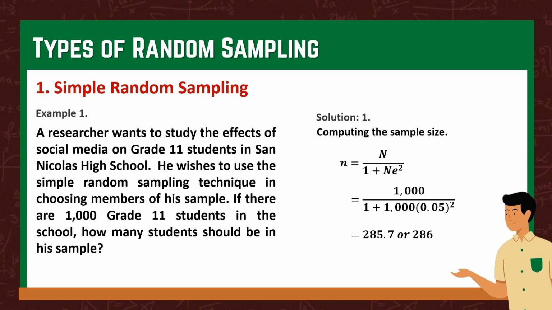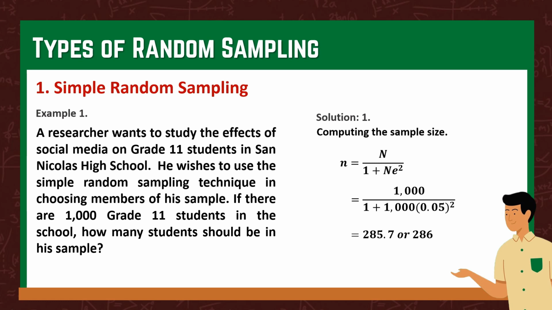So this means that we need to select 286 students out of 1,000 grade 11 students to represent our sample. So how to select these 286 students using the lottery sampling and table of random numbers.